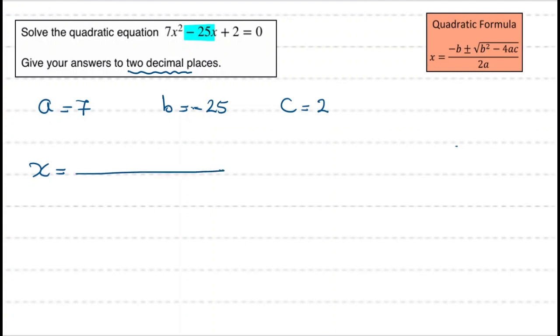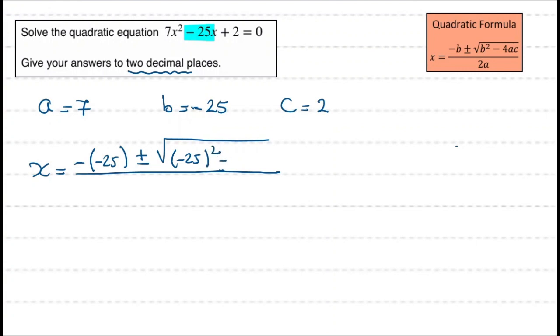fraction. On the top of the fraction we have minus, and then since the value of b is negative, we put it inside brackets, minus 25 inside brackets, plus minus square root, and inside the square root we have the value of b squared. Since b is negative, you put it inside brackets, minus 25 squared.